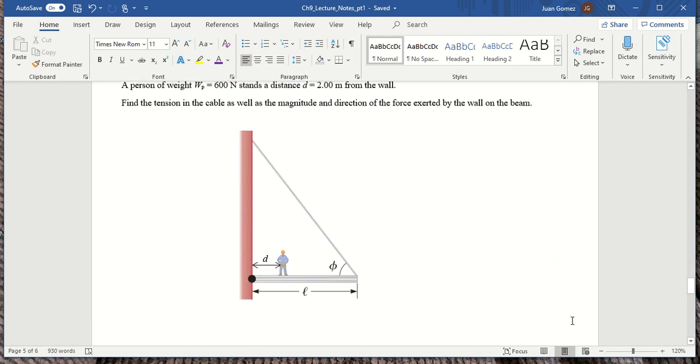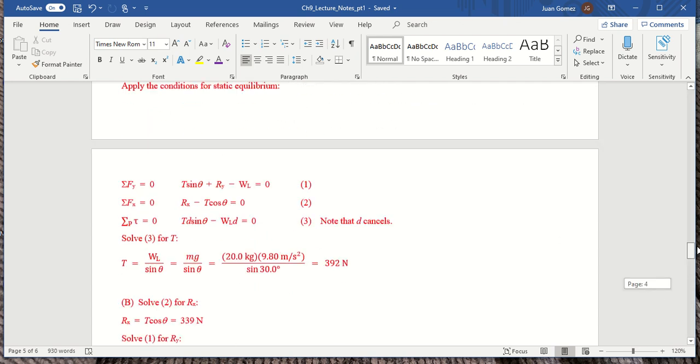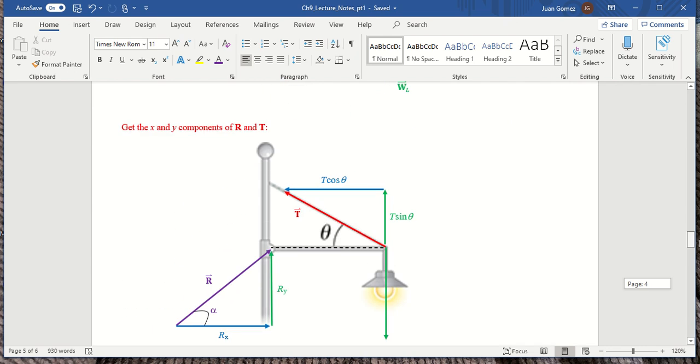In that case, here's a construction beam attached to the side of a building by some type of pin connection, and then there's a support cable attached here. This construction beam is the object that's in equilibrium. But I'll save that for another video. Let me go ahead and stop this one and get it posted.